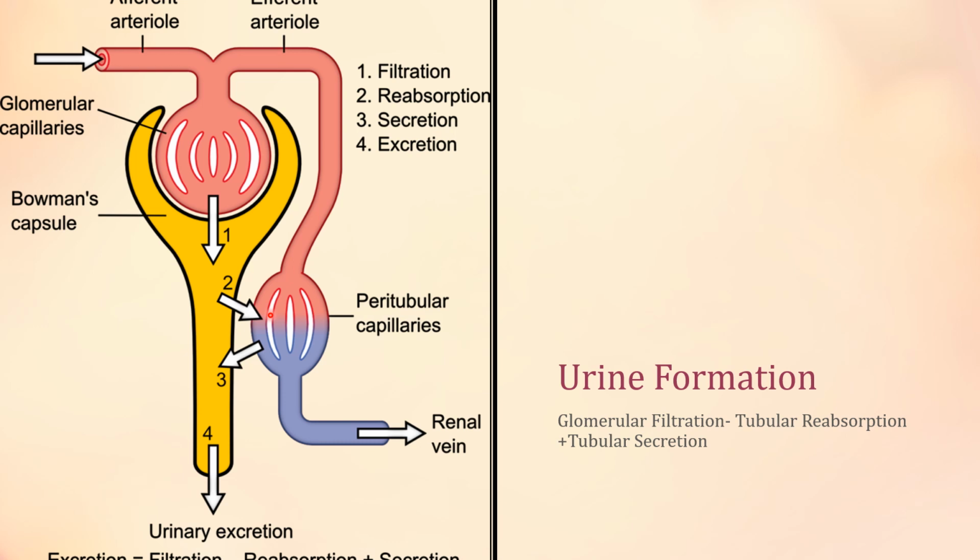When substances pass in the opposite direction from the peritubular capillaries into the renal tubule, then it is known as secretion. So the third step is secretion. So urine excretion is glomerular filtration minus tubular reabsorption plus tubular secretion.